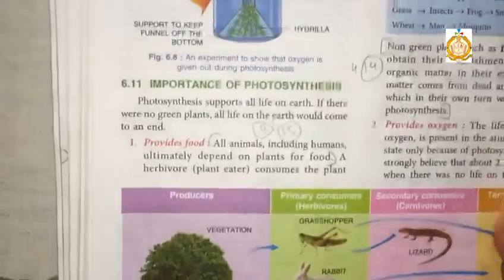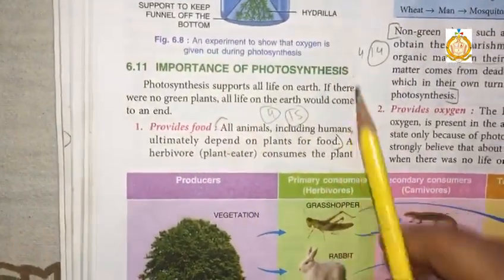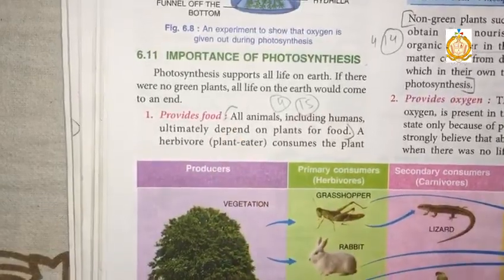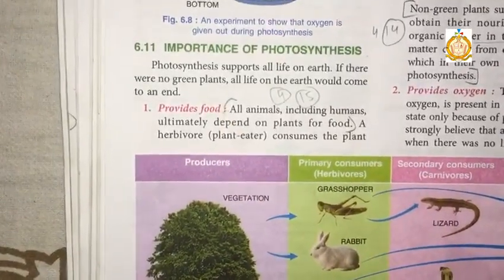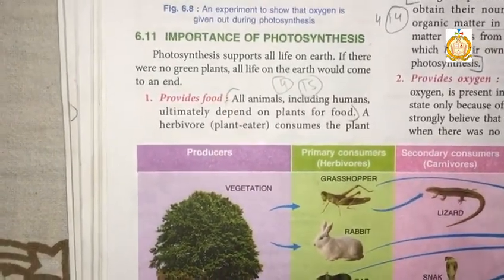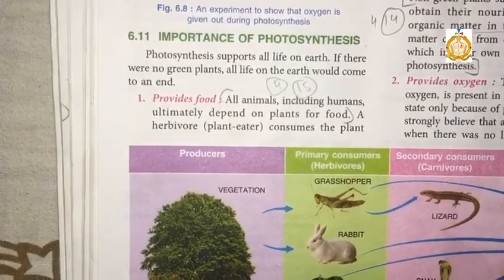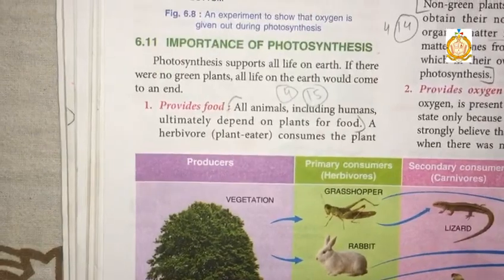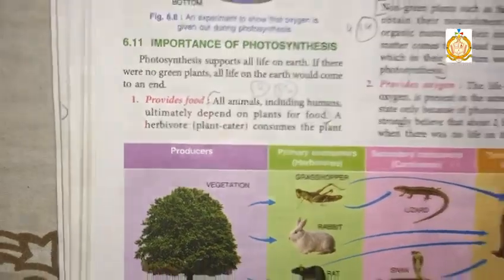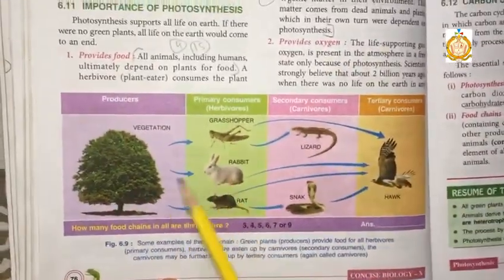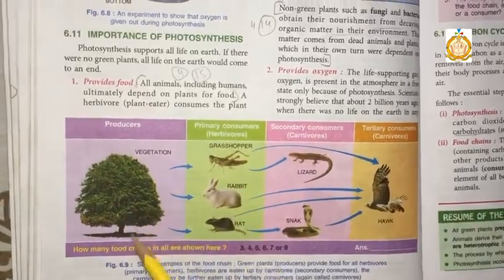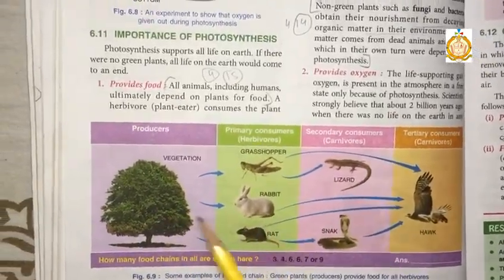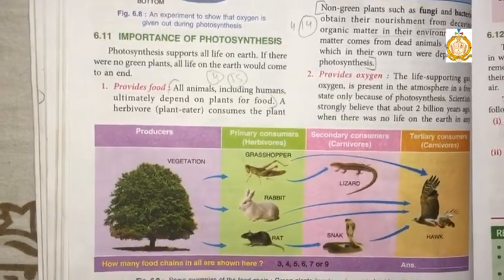Oxygen is produced. Importance of the photosynthesis process: there are two importances. First, it provides food. The photosynthesis process provides food to all living organisms, including humans and animals, directly and indirectly, as we know from the food chain. Firstly, plants make their food. Rabbits, grasshoppers and other herbivores take those plants as their food.